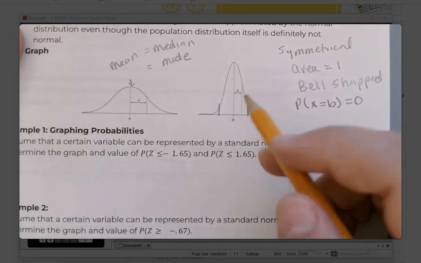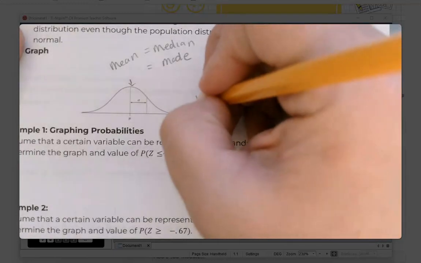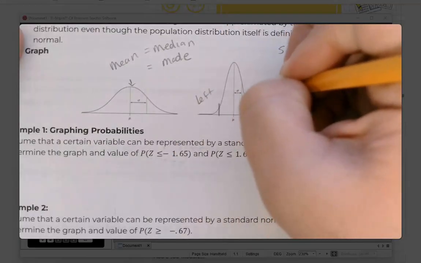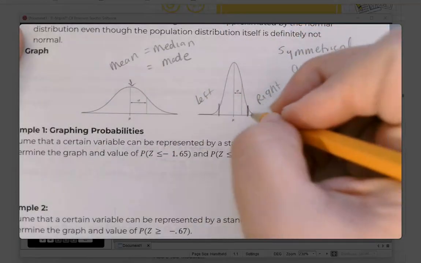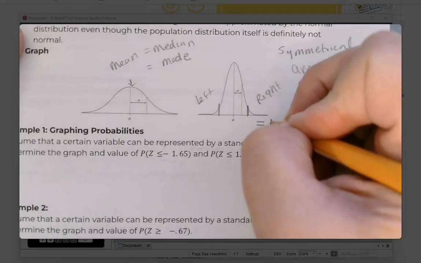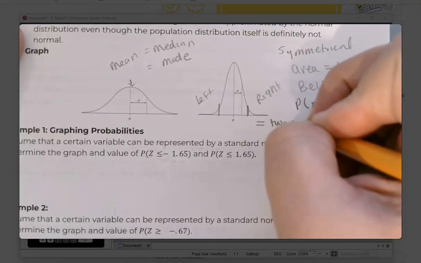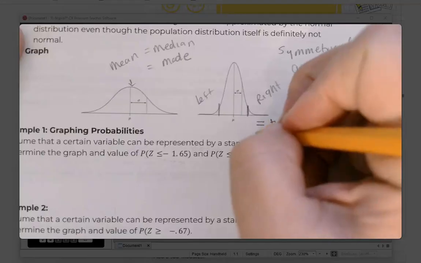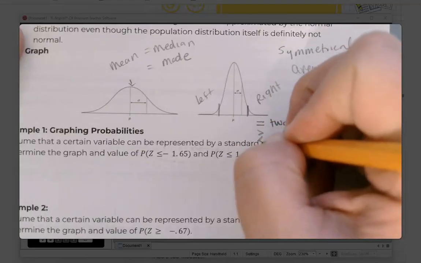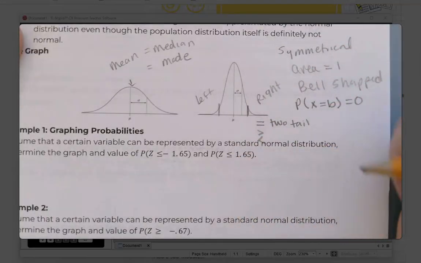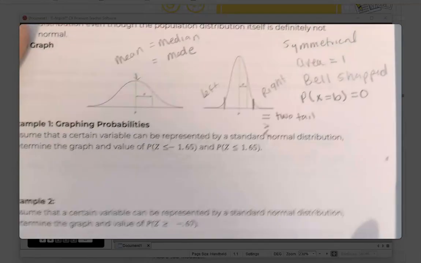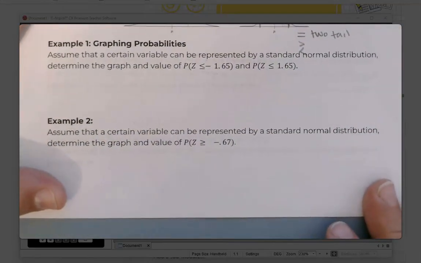This side is the left tail and this side is the right tail. Sometimes we have an equal to, which means you'll have a two-tailed test, and sometimes we have a greater than or less than, and that is your left or your right tail. We'll get into that during these problems.